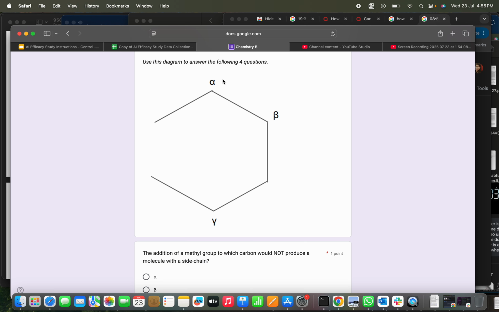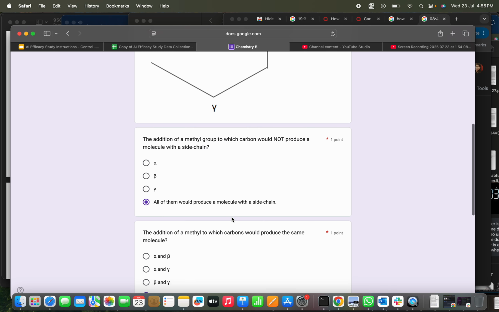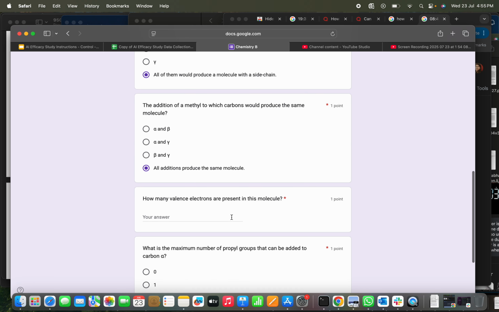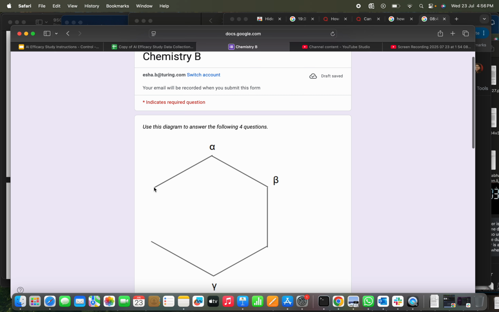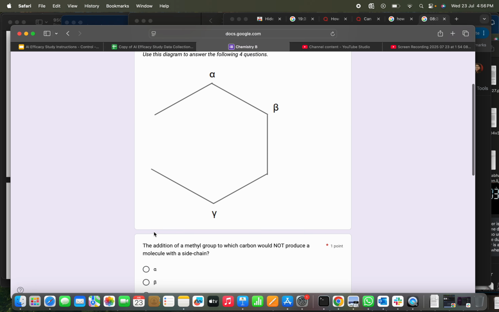So there will be 2 bonds here, 2, 4, 6, 7, 8, 16. Okay, so here I have another carbon with an H, and I'll have 1, 2, 3. I'll go with 6.